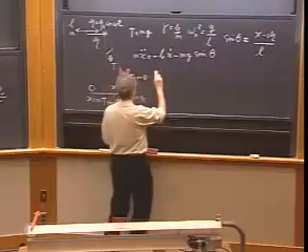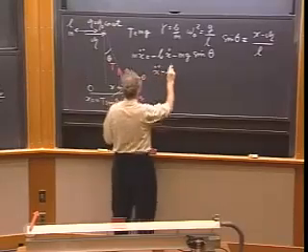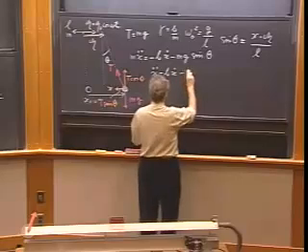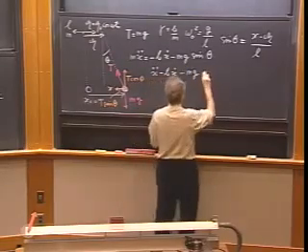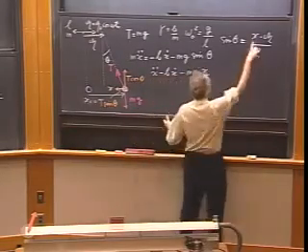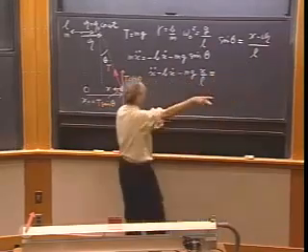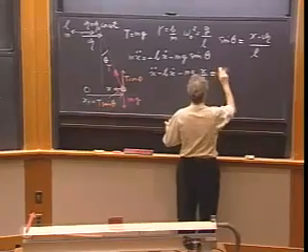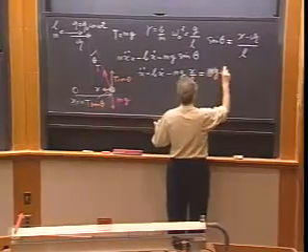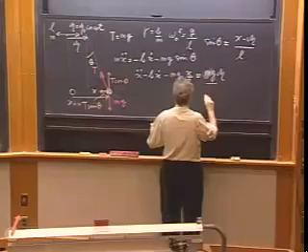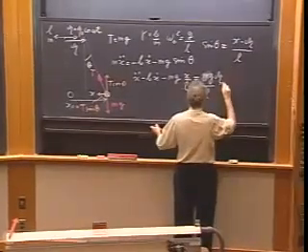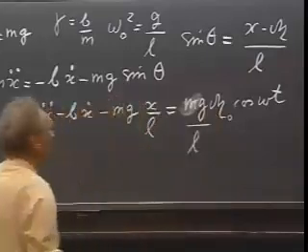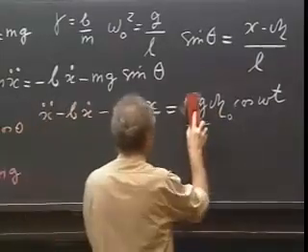No, let's not divide by m yet. Let's just say m x double dot minus b x dot, and now we get minus mg times x over L. And now we bring Walter Lewin to the other side, and so we get plus mg times eta divided by L, and eta is eta 0 times cosine omega t, because I am moving my hand, so that eta is a function of time.